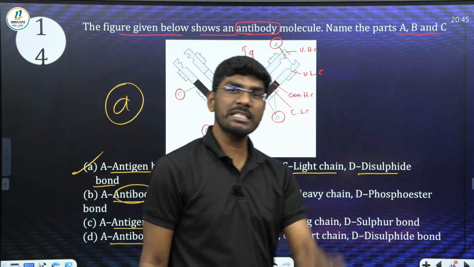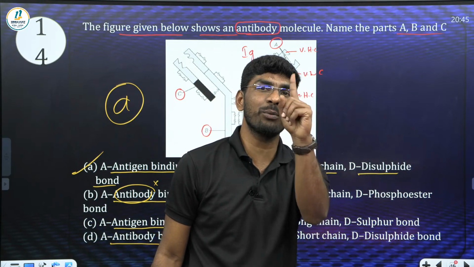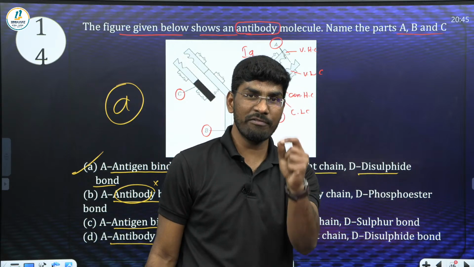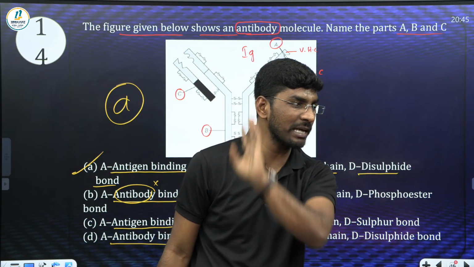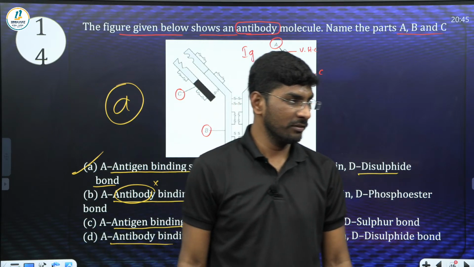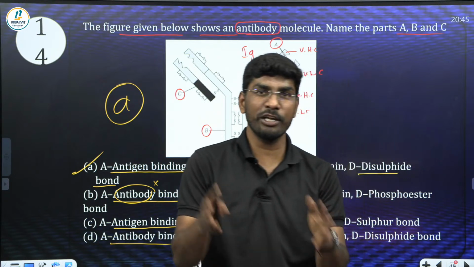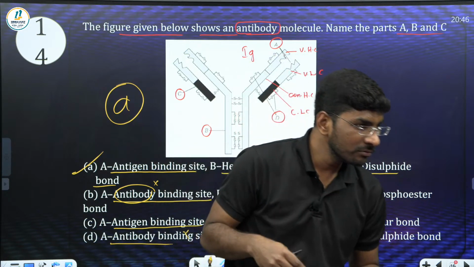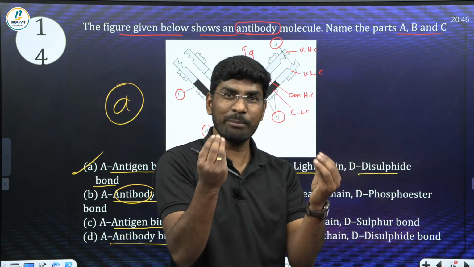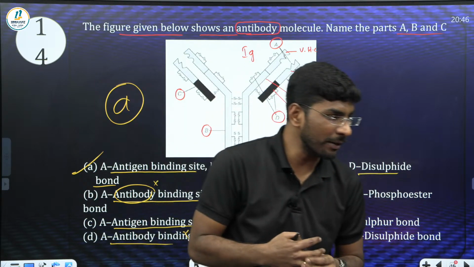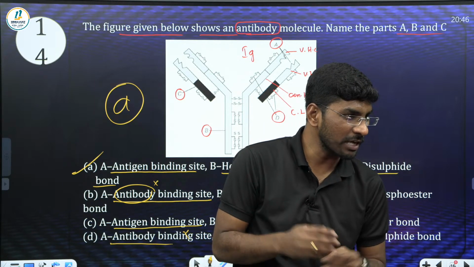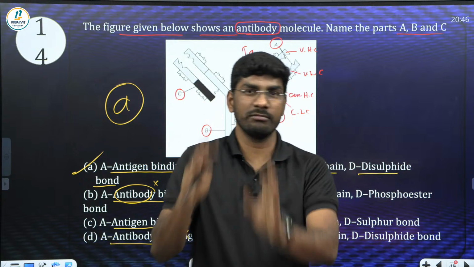Can any one of you tell me a sulfur containing amino acid, one example? Anyone? What is the example of sulfur containing? Ayan, try. Vidya, Isham, sulfur containing amino acid.